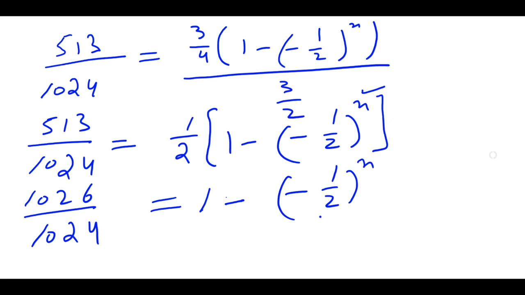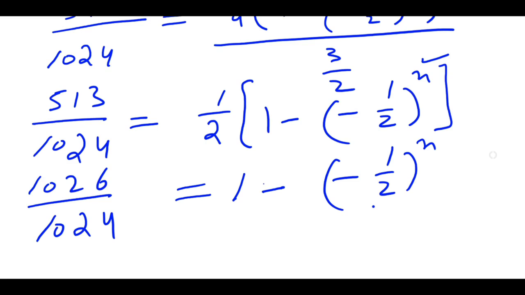First of all, we must remember our subject of the formula is n. So (-1/2)^n, I pull over this side, and this negative sign becomes positive because this negative sign belongs to (-1/2)^n. So this becomes (-1/2)^n.